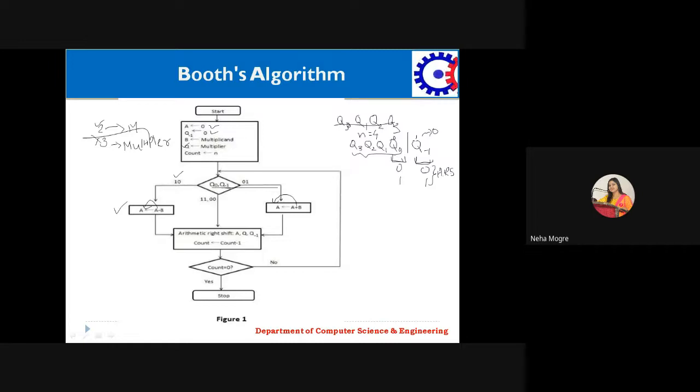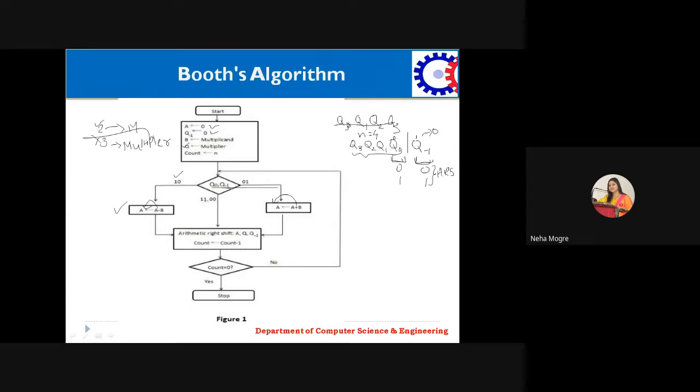A minus B, along with that arithmetic right shift, and you will keep reducing the count value by 1. The value of n will be reduced by 1. That means a decrement operation will be performed, right? And even though you are taking the addition of the accumulator register with the multiplicand and the result is stored in the accumulator, after that also you are going to perform the arithmetic shift operation, right?